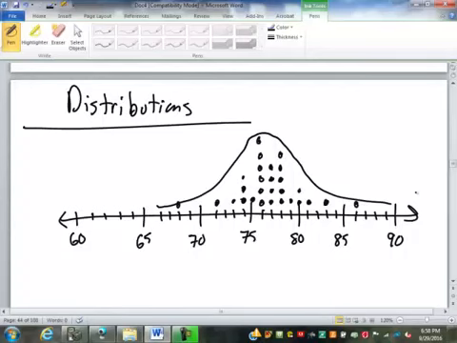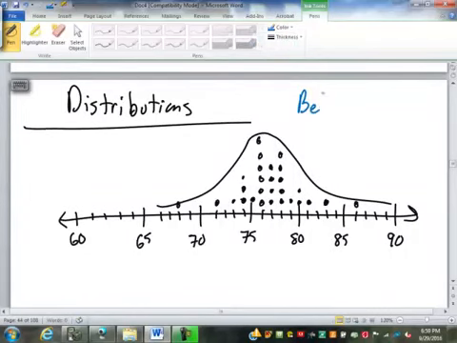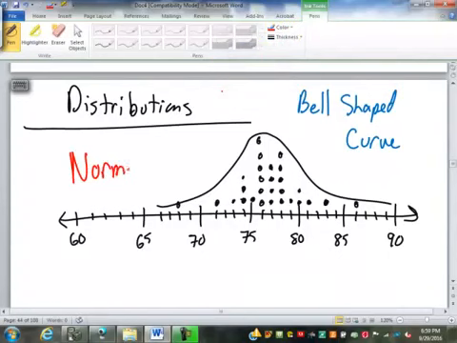And usually the curve will make a bell shape. You've probably all heard of the term bell curve or bell-shaped curve. And that's where this comes from. That curve is technically called a normal curve.